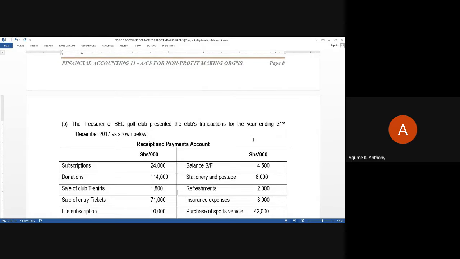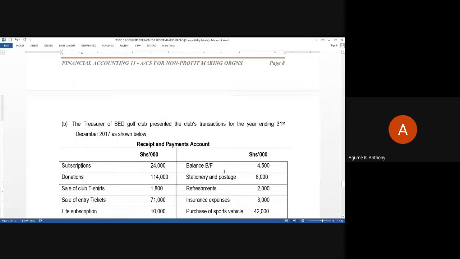You also prepare the financial statements for it. Then any other number that you come across for non-profit making organization, you do those numbers. Once you do them, then everything should be fine.